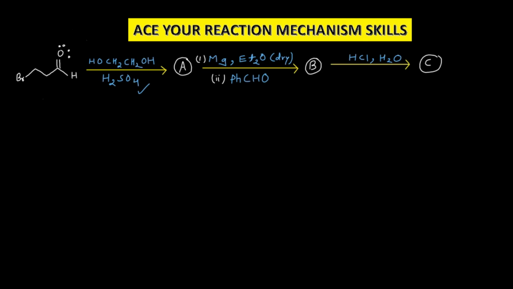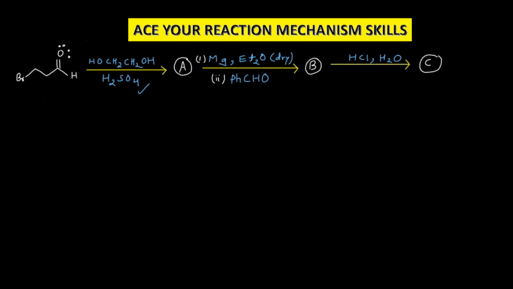Then you will get A, then A will react with magnesium in presence of dry ether. Dry ether means moisture free, and whatever product results from the reaction of A with magnesium, you will react that compound with benzaldehyde. This is your benzaldehyde, Ph stands for phenyl, and then you will get B, and that B will undergo hydrolysis to give you the product C.